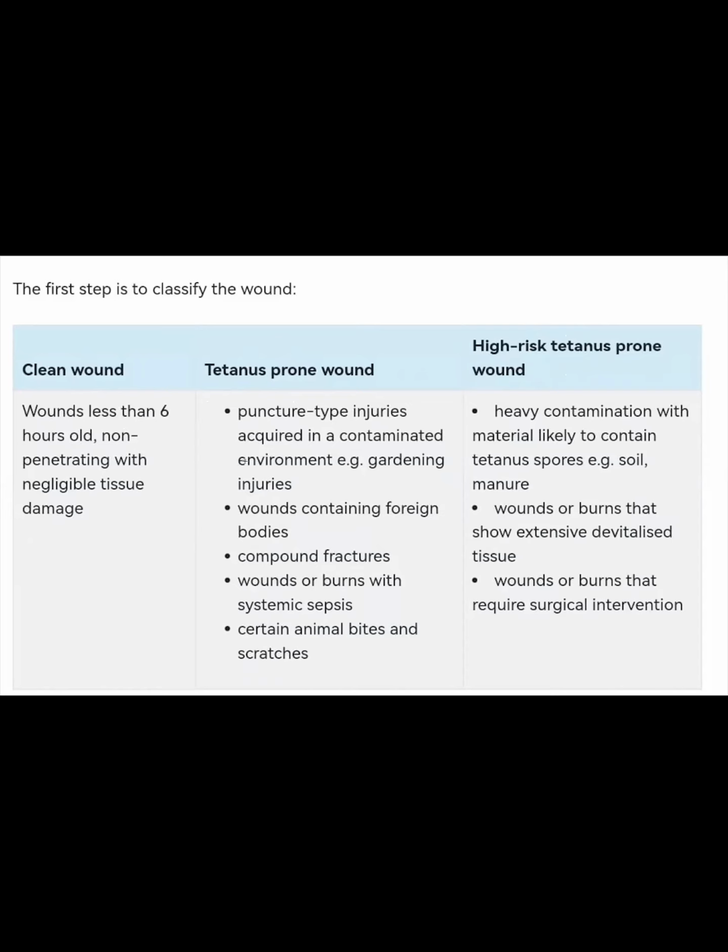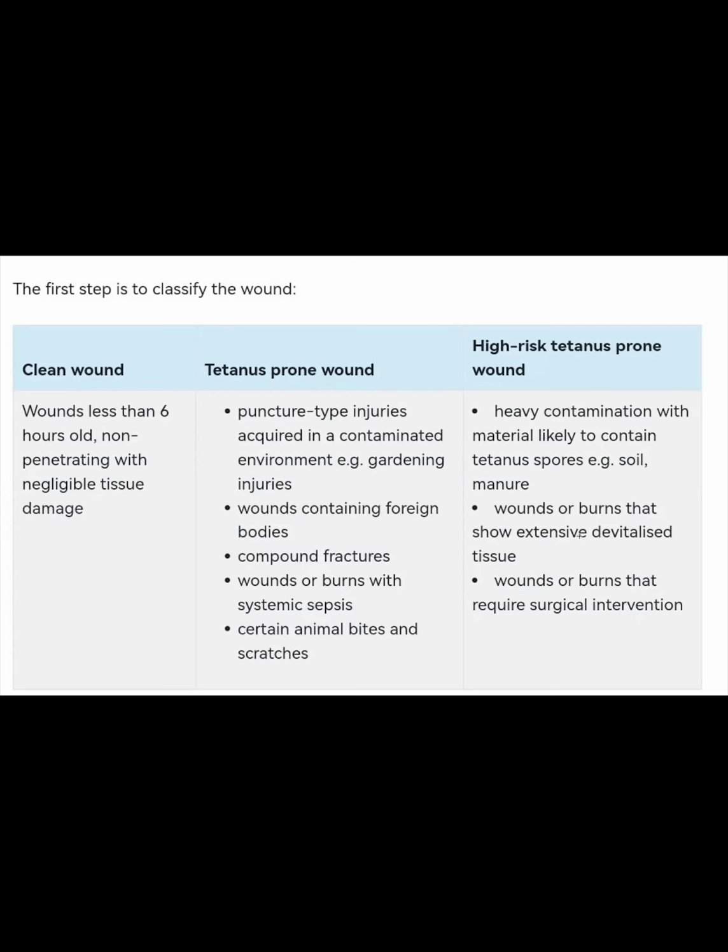What is a tetanus prone wound? Before finding out this, do the high risk. If you know the clean and high risk, the middle one you will know. What is high risk? If there is any heavy contamination with soil or feces, manure, this is high risk.